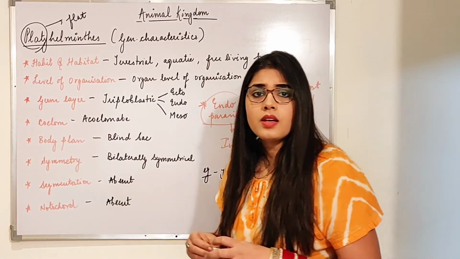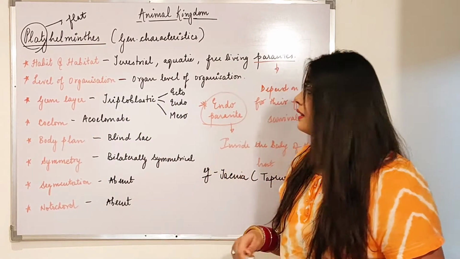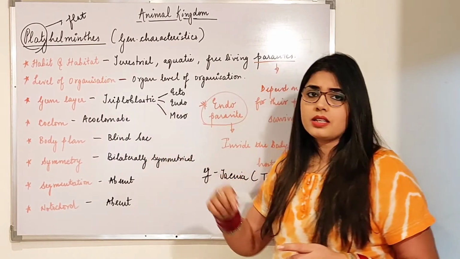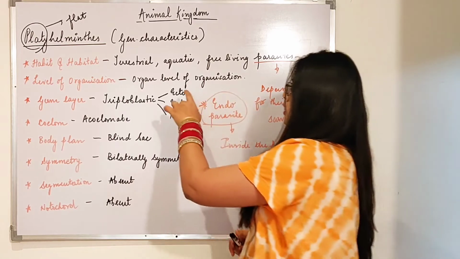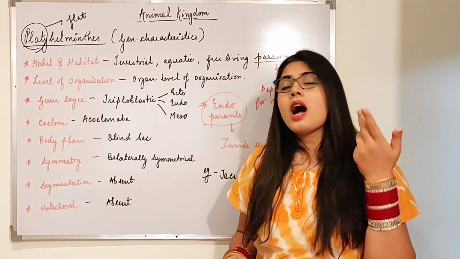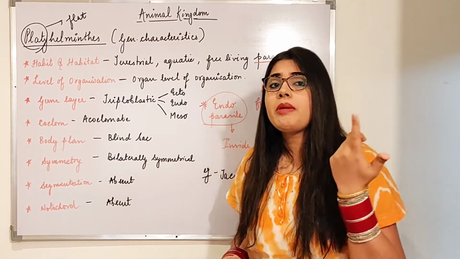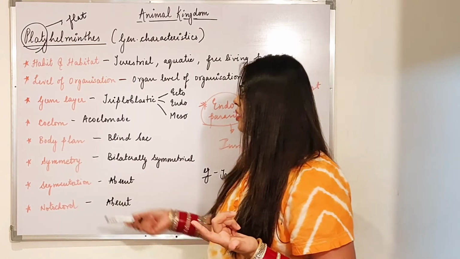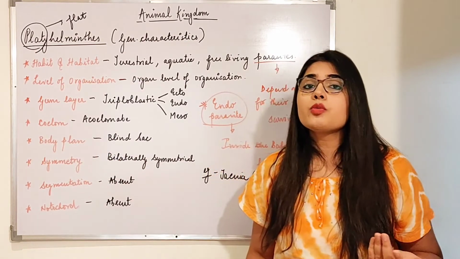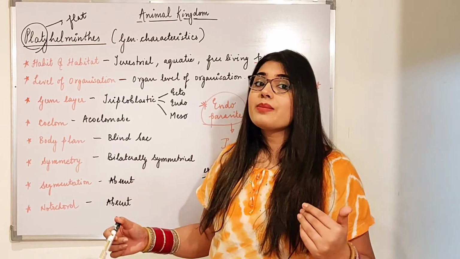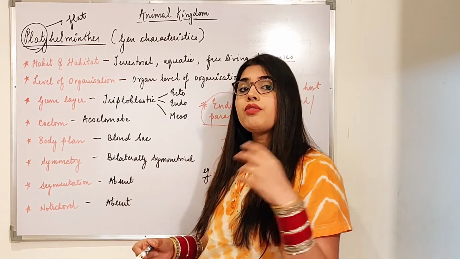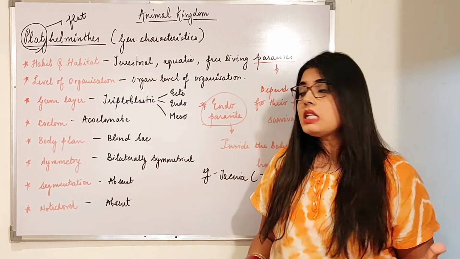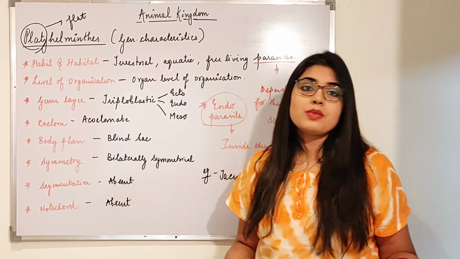In the previous phyla we had studied that they were all diploblastic, right? What is there in diploblastic, beta? Ecto and endo. Mesoderm is not there at all. If mesoderm will be absent, then what will happen? Obviously coelom will not be able to form, because coelom is mesodermal in origin. That means it requires the mesoderm layer to form. But if the mesoderm layer is absent, coelom will be absent.